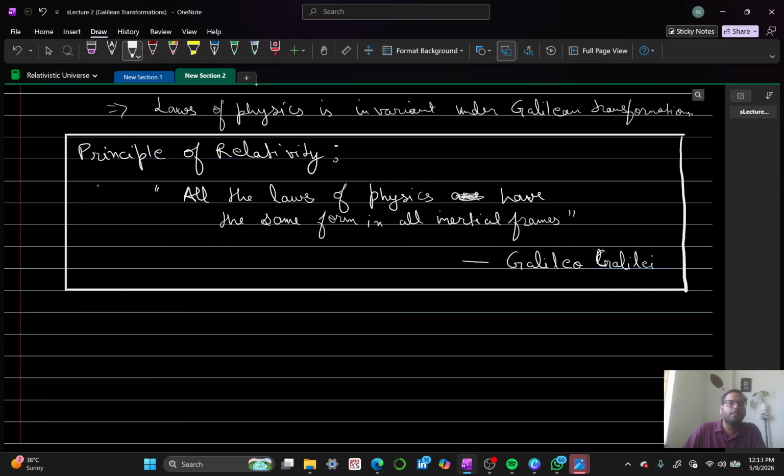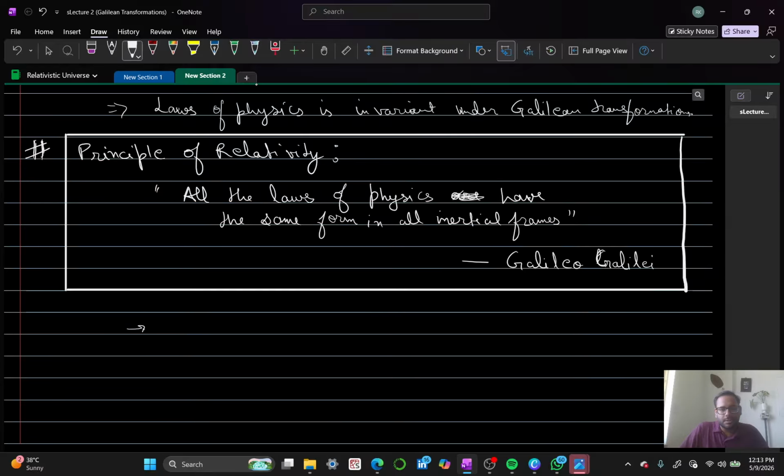Note this principle. We will use it; Albert Einstein used this principle of relativity as the first postulate of the special theory of relativity. So this is the main consequence of it.